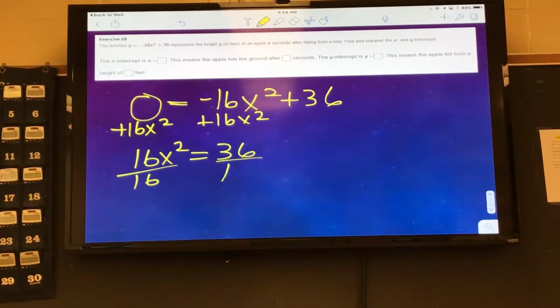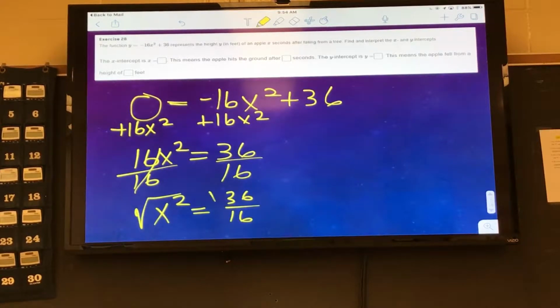Divide each of those by 16, so x squared is by itself, equals 36 over 16. Do the square root, and x is going to equal plus or minus 6 over 4, which is the same thing as 3/2, which is the same thing as 1.5.